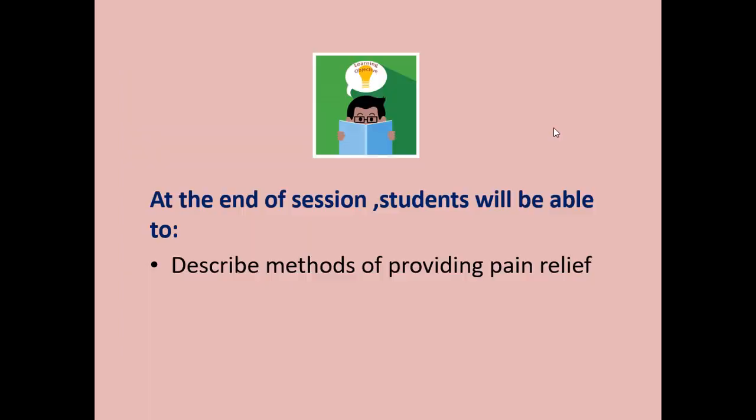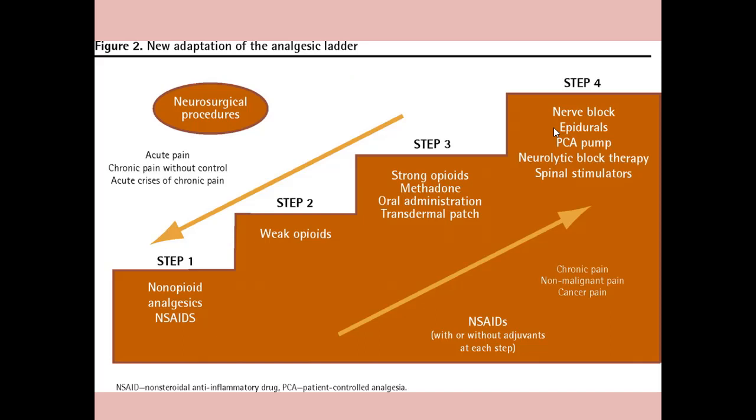Now, the pain management. So now we will learn the different methods of providing pain relief. Okay, that is the quite famous analgesic ladder, and you already know that whenever there is pain, we have to start from non-steroidal analgesics and then go up.